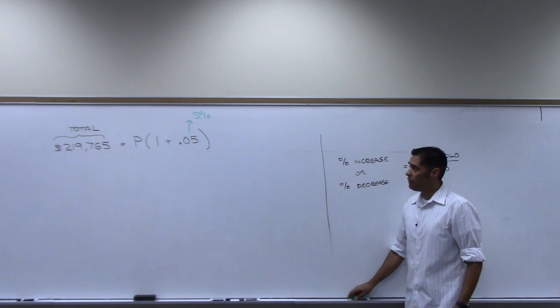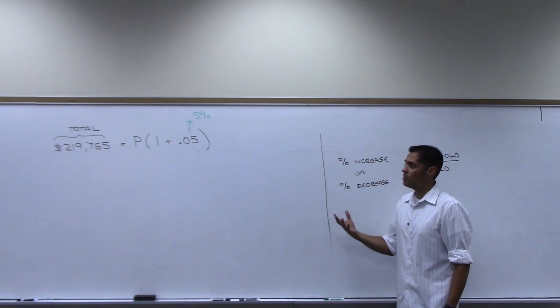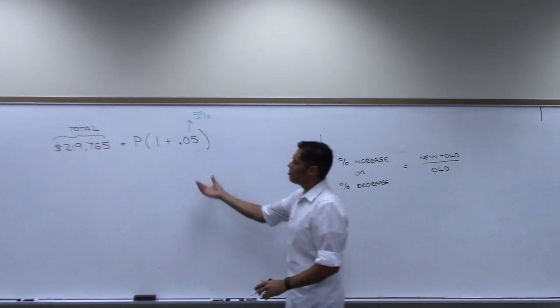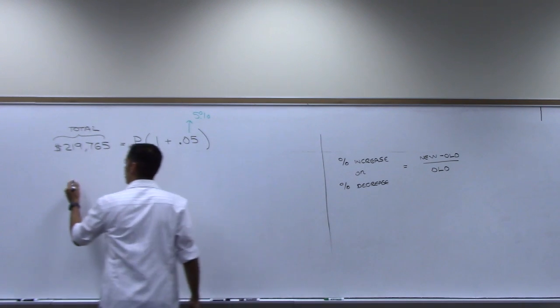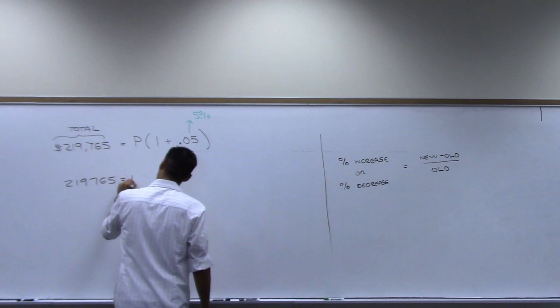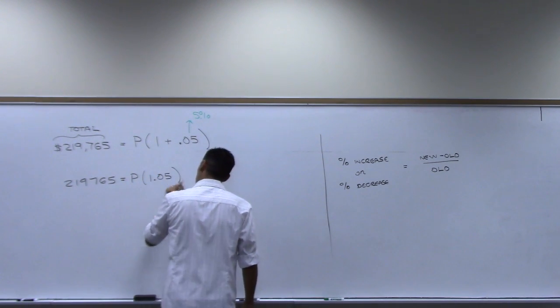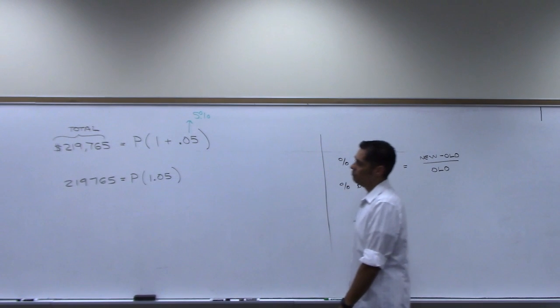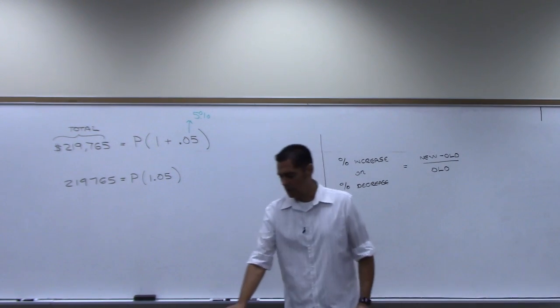And I'm trying to solve for what? P, right? P is the original purchase price. So I'm going to do order of operations. I'm going to put these two together first. 219,765 equals P times 1.05. And can anyone tell me how to get P by itself now? Divide by 1.05. And we're done.